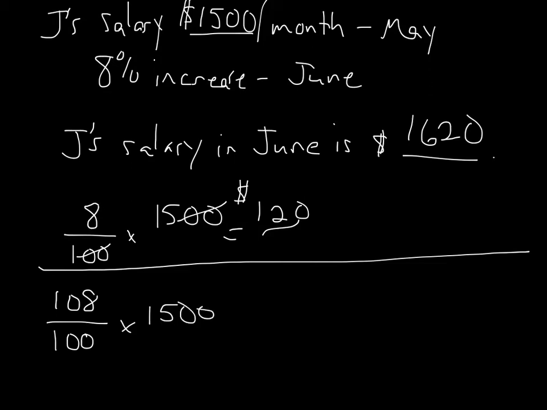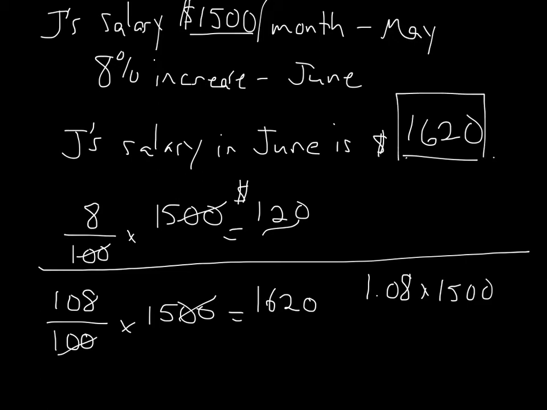You can always find 8% and then just add it. But I'm going to get 108 times 15, which is also 1,620. I might even enter that in my calculator. 108 over 100, I might put as 1.08 times 1,500. But either way, I should get 1,620 for my answer. So that's a percent increase, okay?